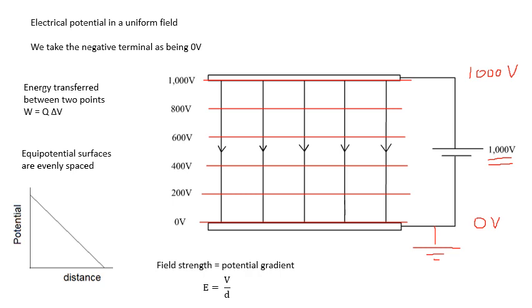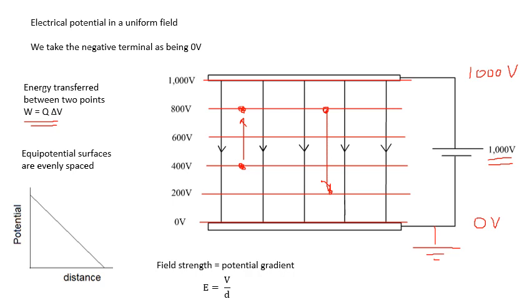The energy transferred between 2 points is Q delta V. If I wanted to know how much work I would have to do to take a charge from there to there, it would be Q delta V. Or if I put a positive charge there and let's say it gained kinetic energy and went to there, how much energy would it gain? Q delta V.